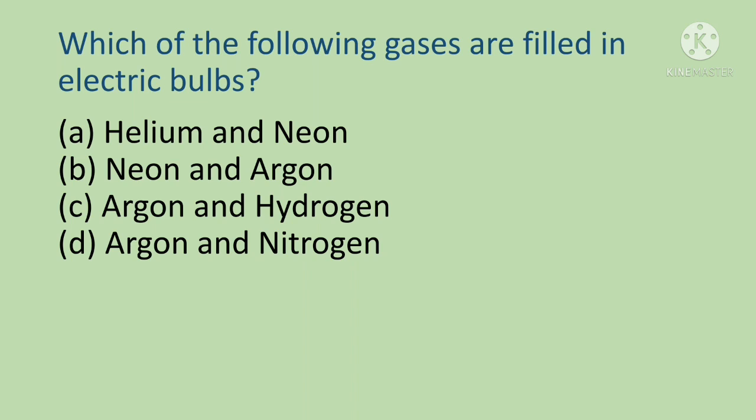Option C, argon and hydrogen. And option D, argon and nitrogen. So in order to increase the lifespan of the bulbs, argon and nitrogen are utilized. Therefore the correct answer is option D, argon and nitrogen.